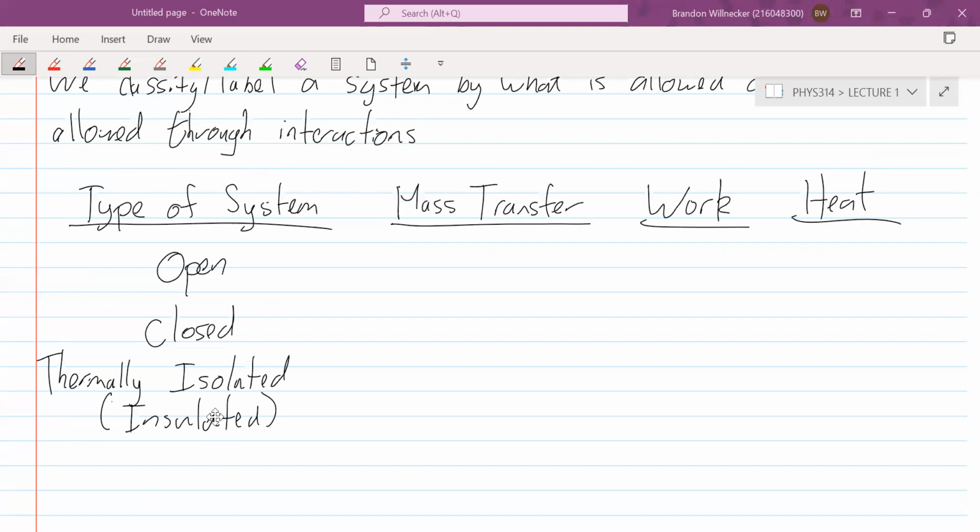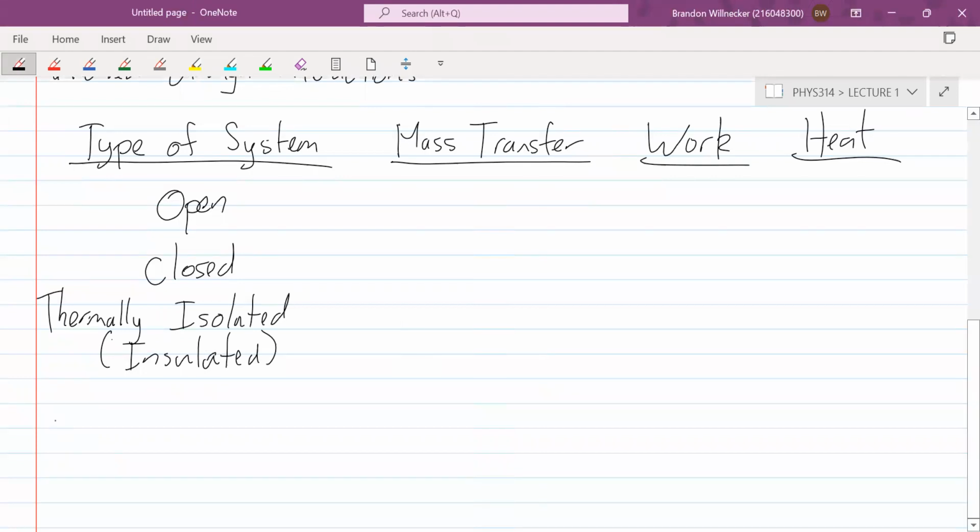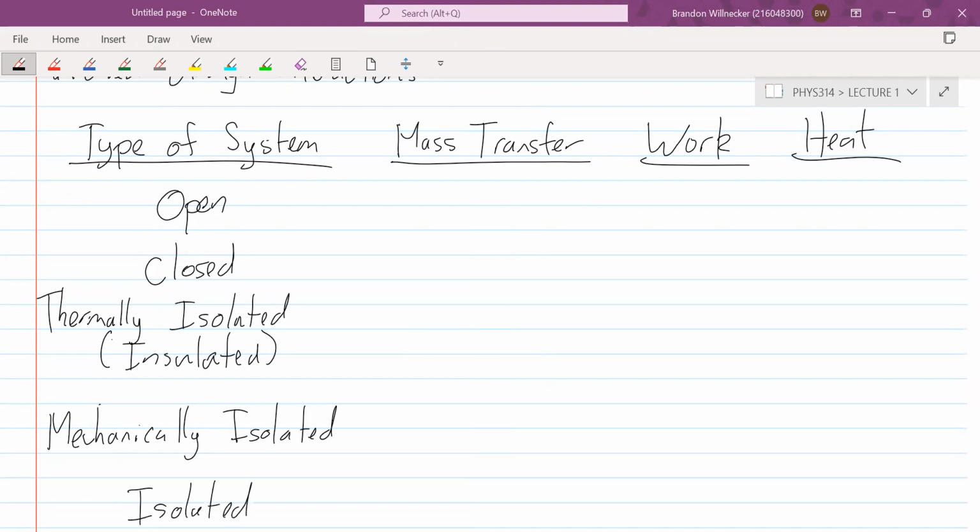Or if the outside is hot, then the inside remains cold. It's insulated thermally. Then we can have mechanically isolated, and we can have just isolated. There's a difference between thermally isolated, mechanically isolated, and just isolated.